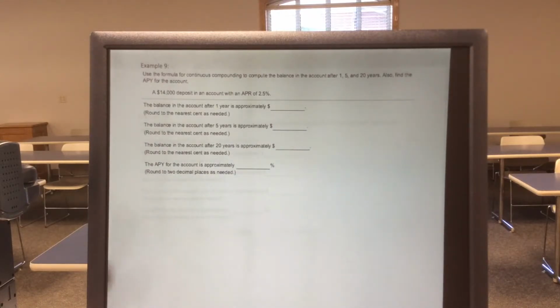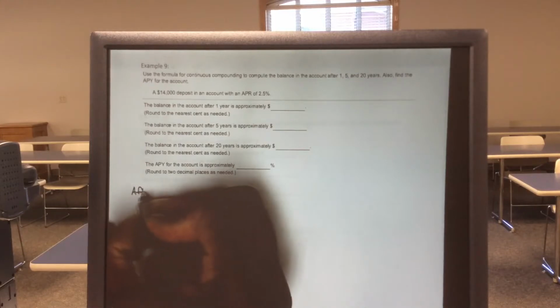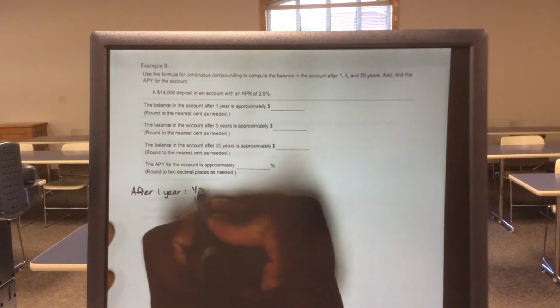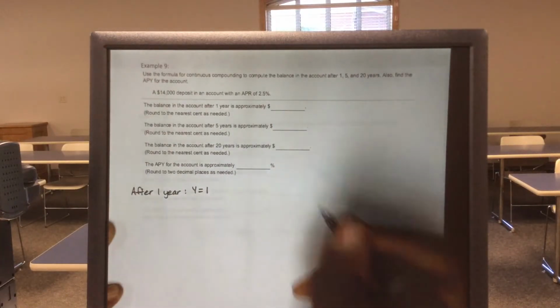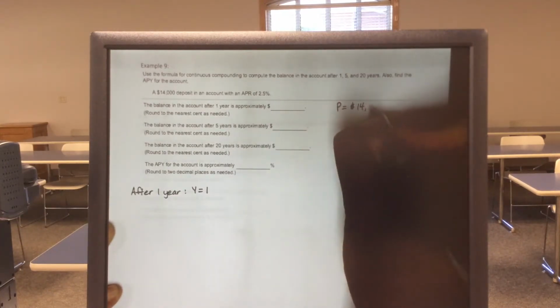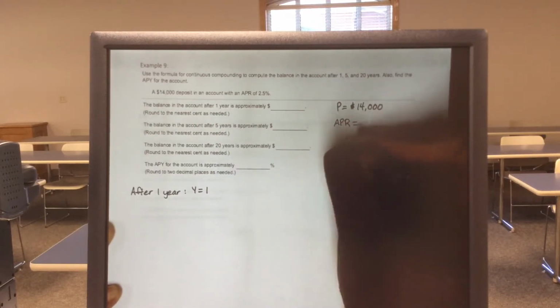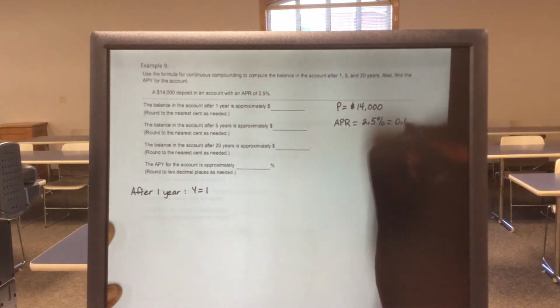And we want the amount after 1 year. So here, after 1 year, that means your Y is going to be equal to 1. And in this case here, your P, the principal, is the $14,000. Your APR, annual percentage rate, is 2.5%. 2.5% as a decimal will be 0.025.